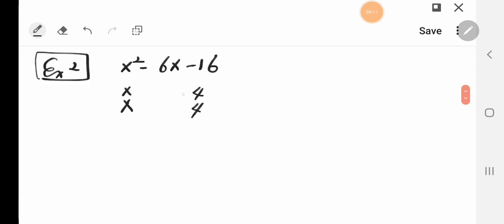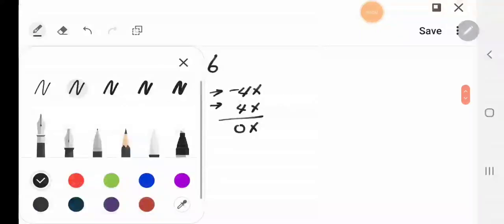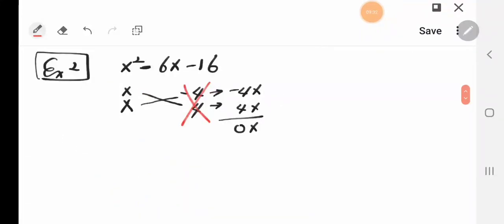So let's put the negative sign on here. Then the cross multiply is negative 4x. And this cross multiply is 4x. So once you add these two, this is 0x. 0x is 0. So we must have negative 6x, as you see in the second term. So this is not right. So this is not the right pair.